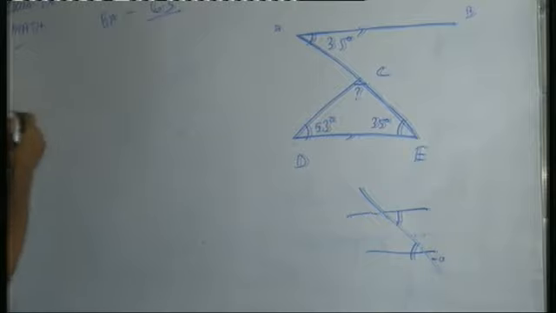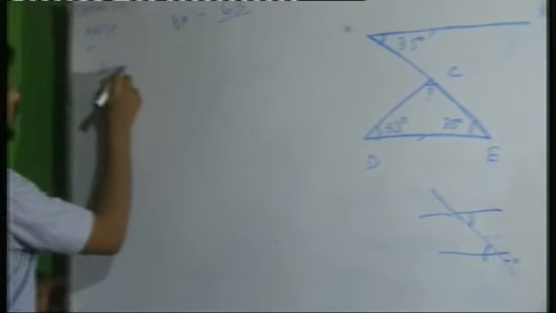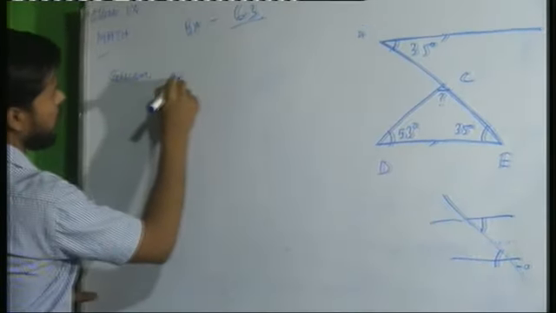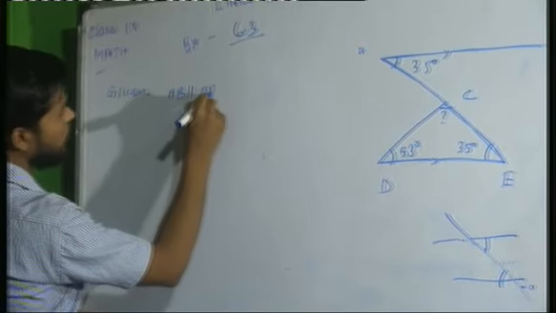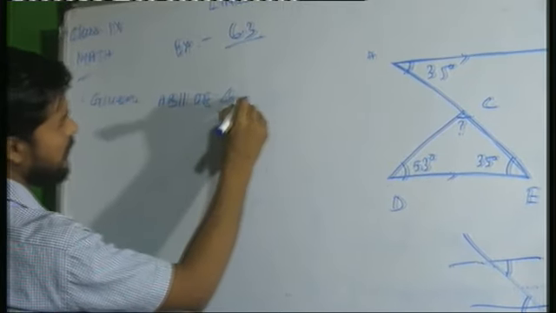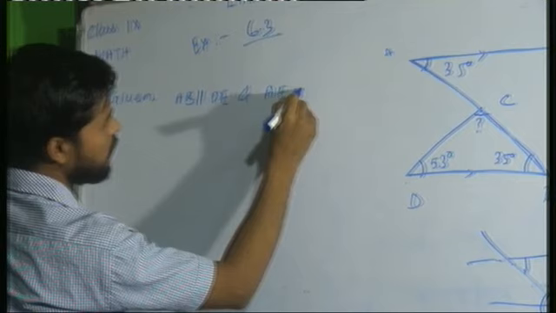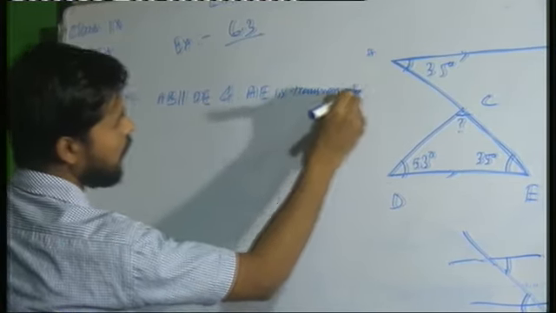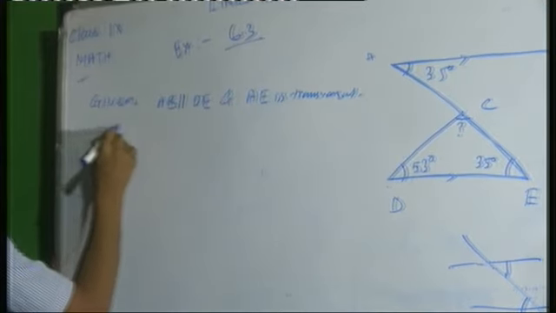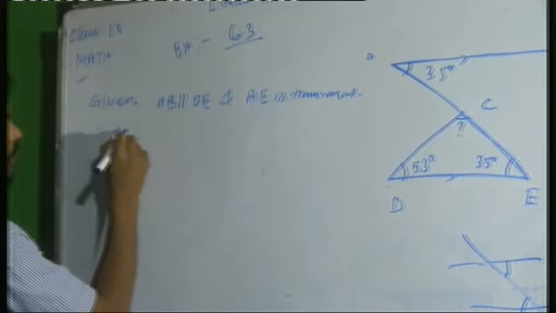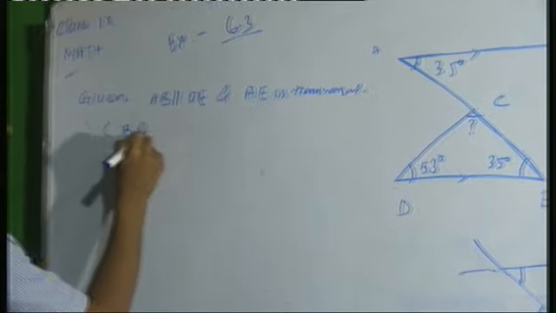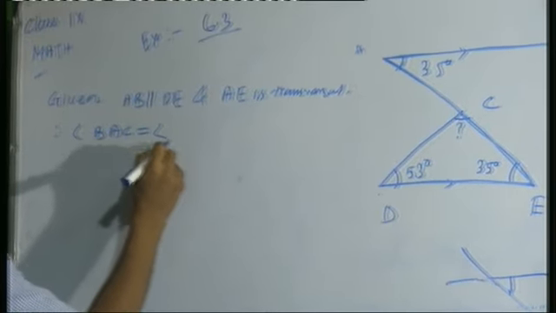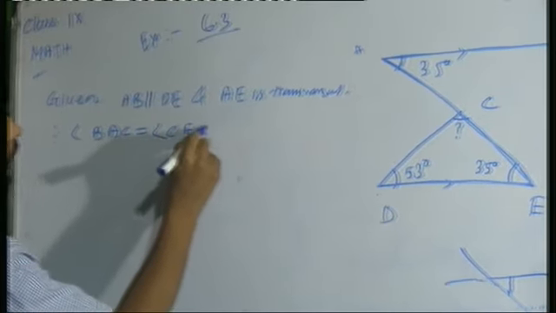Now, given AB is parallel to DE and AE is the transversal, therefore angle BAC will be equal to angle CED. Why?